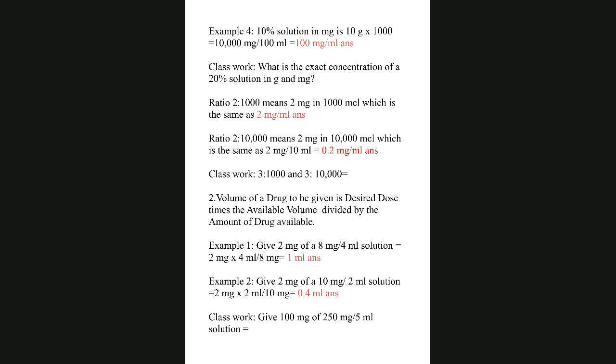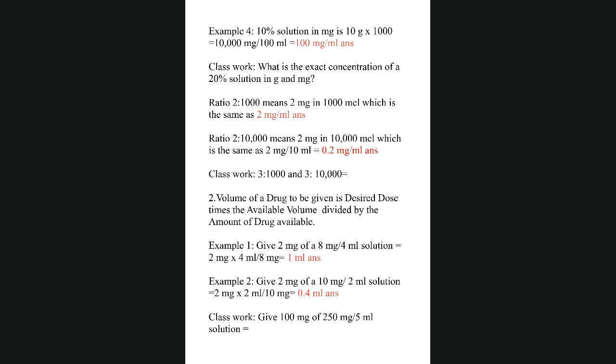So example 1, give 2 milligrams of 8 milligrams in 4 mils. So you have an 8 milligram in 4 mil solution, and you need to give 2 milligrams. So the desired dose would be 2 milligrams.